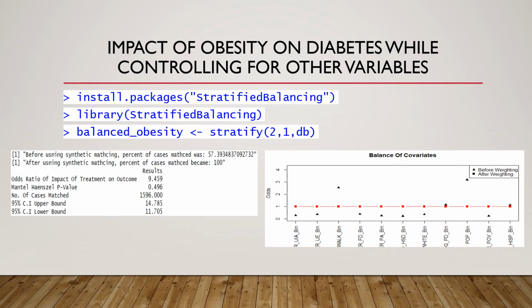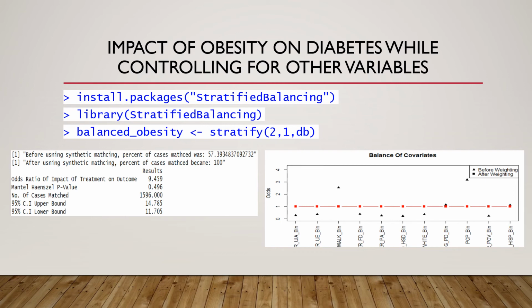We use the stratify function available in the stratifiedBalancing library and perform the stratified covariate balancing. 2 is the index of obesity, 1 is the index of diabetes, and db is the matrix format. Once we provide these parameters to the stratify function, it performs the stratified covariate balancing and we have the results.